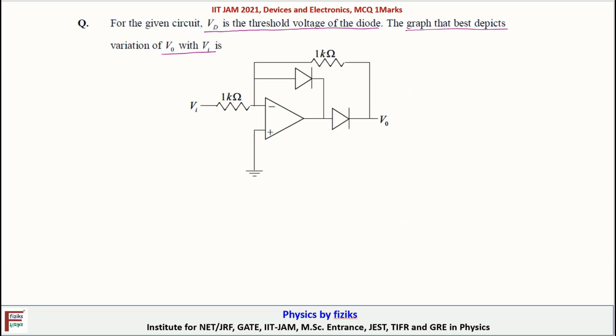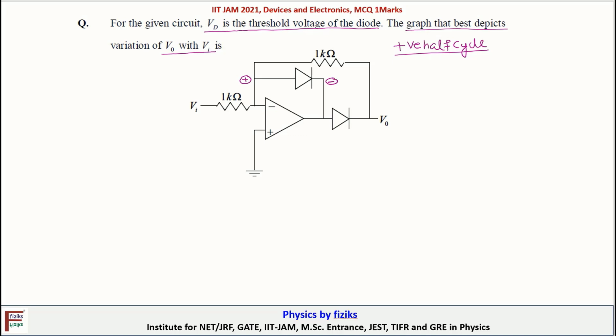So let us first see what the equivalent circuit will be during the positive half cycle. So we will talk about the positive half cycle only, meaning when Vi is positive. So let's take this voltage as positive. It's an inverting amplifier, so this voltage will be negative.